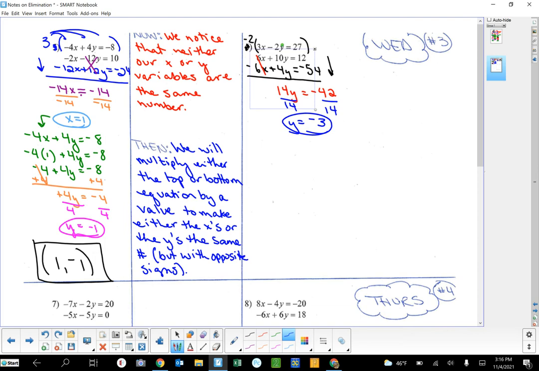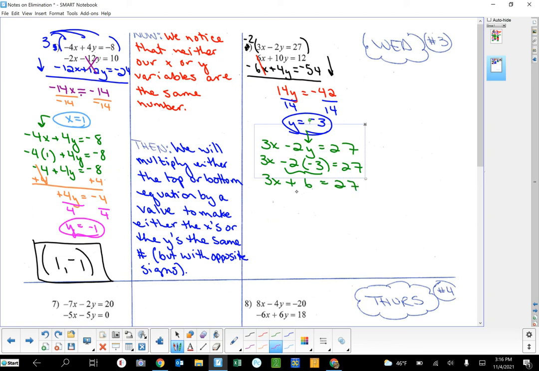Okay, so now I'm going to plug back into one of my equations. I'm going to choose 3x minus 2y equals 27. We're going to let y equal negative 3. So I have 3x plus 6. Be careful when you have minus 2 times a negative 3.